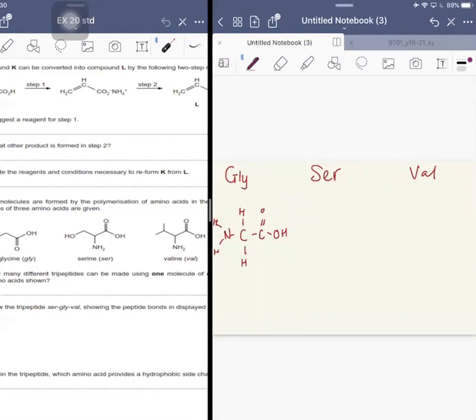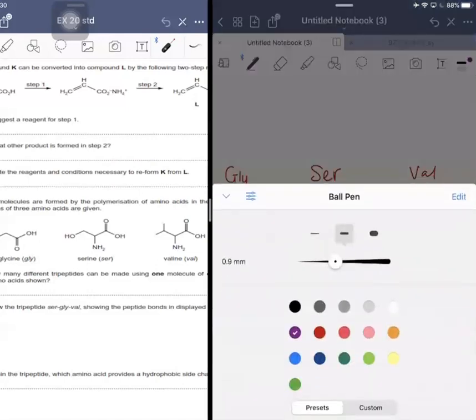Serine, same thing. I start with an N, C, C. One side I know is COOH. The other side I know is NH2. Don't forget the hydrogen on the central carbon. And then the side chain, which is CH2OH. Next, valine, same thing.